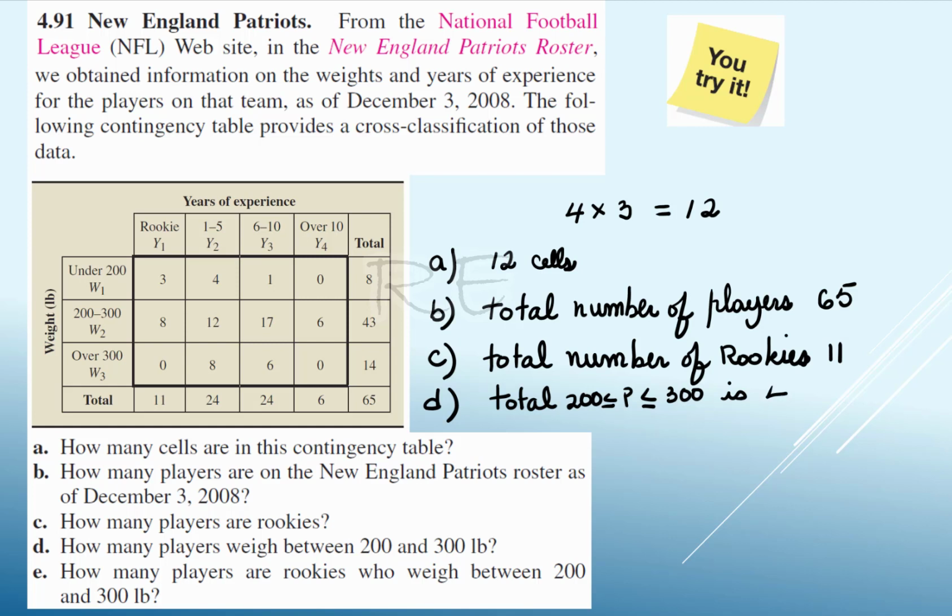For the next question, we need to find out how many players are rookies and weigh between 200 and 300 pounds. The intersection of column 1 and row 2. Rookie and weight between 200 and 300 pounds. So the number is 8.